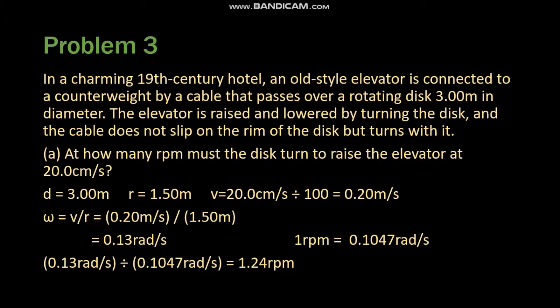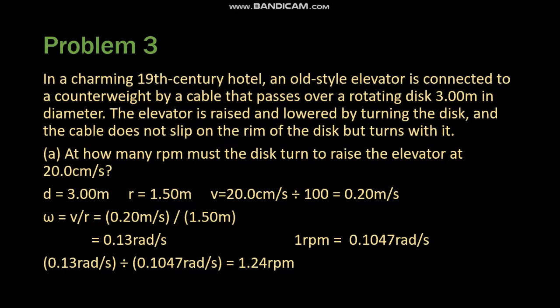Since we're given that the diameter of the disc is 3.00 meters, we list that down, and since we only use the radius of the circle, we divide that by 2, which gives 1.50 meters. Also, from item A, we're given the velocity for turning the disc to raise the elevator.